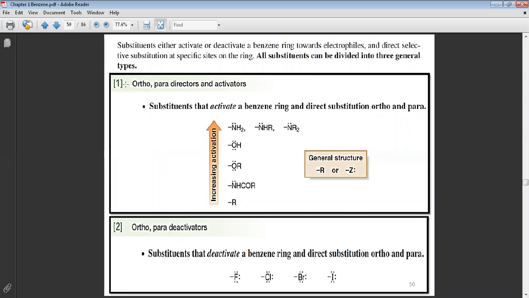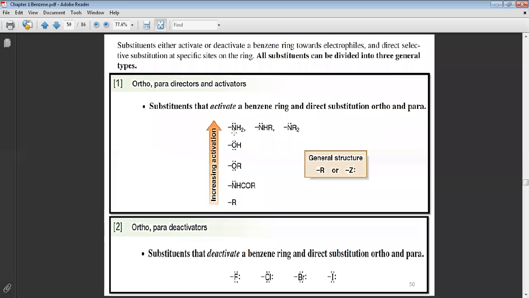The first family is ortho-para directors and activators. That means this group activates the benzene ring, and the orientation will be ortho and para. These are substituents that activate the benzene ring and direct substitution ortho and para.